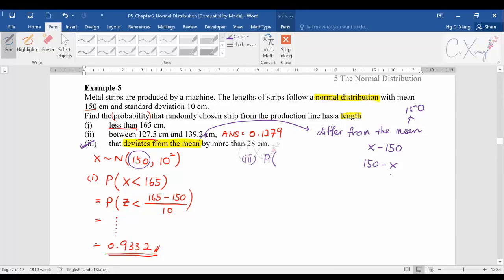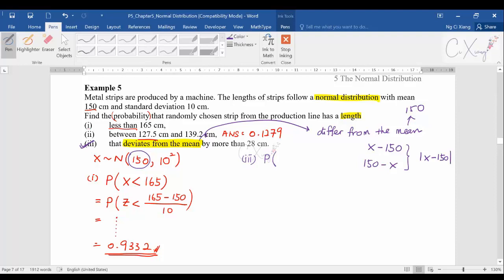Okay, so deviates from the mean has two meanings. Either it is X minus 150 or 150 minus X. Therefore, when I want to combine these two into one symbol, it is modulus X minus 150. Okay? Alright, so this is how we actually do it.